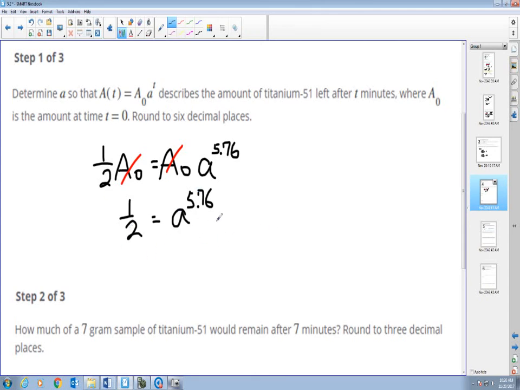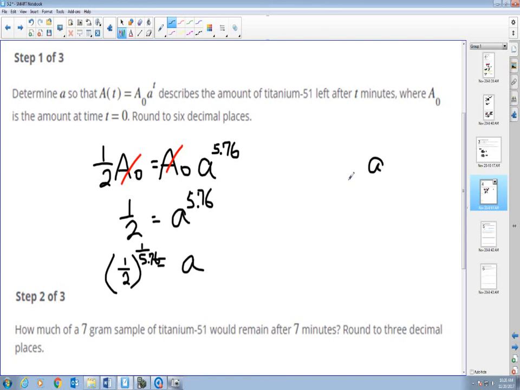So just like the 34-minute problem, rather than take a 5.76 root on both sides, we can just convert to fraction exponents. So that will be one half to the 1 over 5.76, because remember, the denominator tells you what the root is. My root is 5.76.